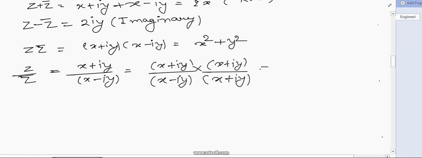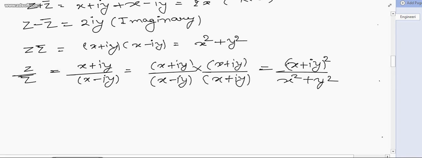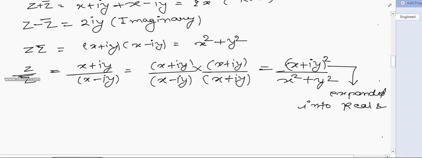This gives x plus iy square upon x square plus y square. So this expression can be expanded into real and imaginary parts.